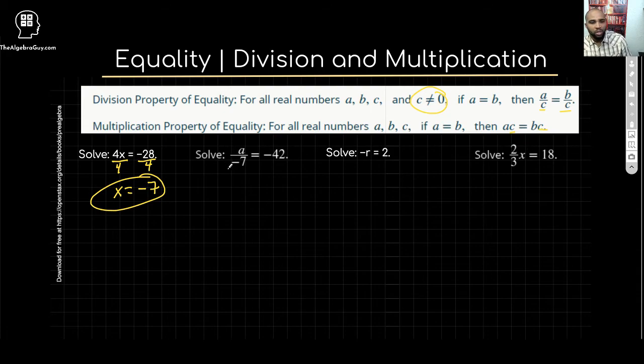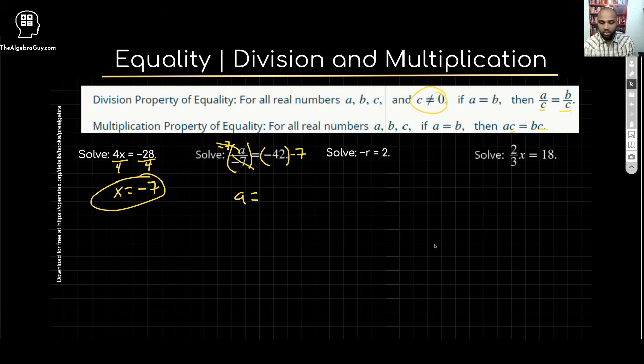This can be a little bit tricky, but what I would do here is get my a by itself by multiplying both sides by -7. And the top goes away, the bottom goes away. We got a equals 42 times -7.